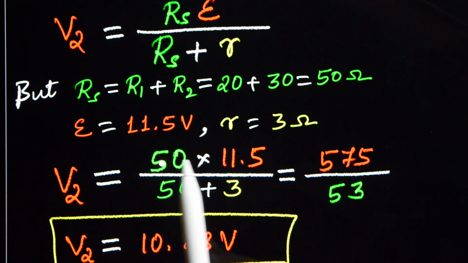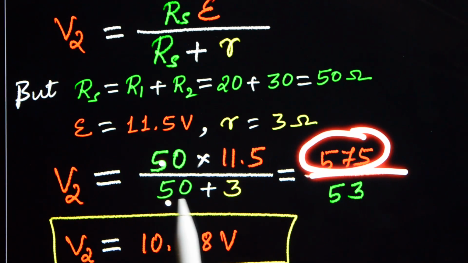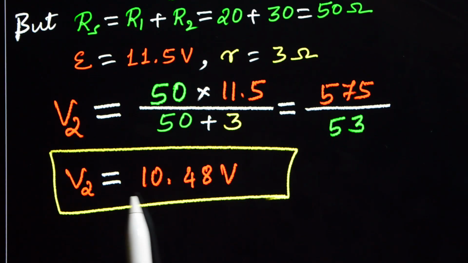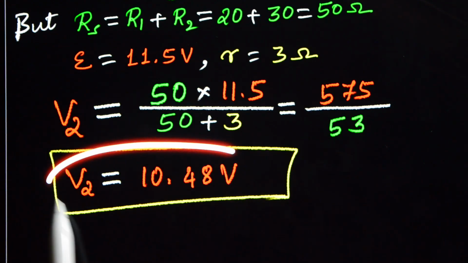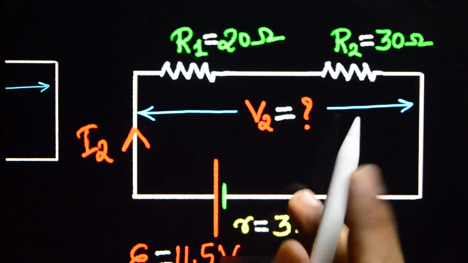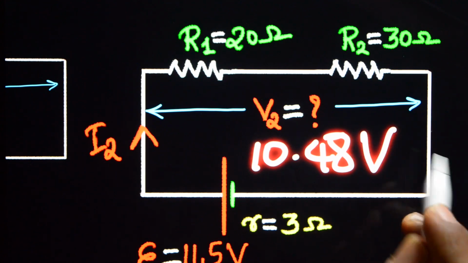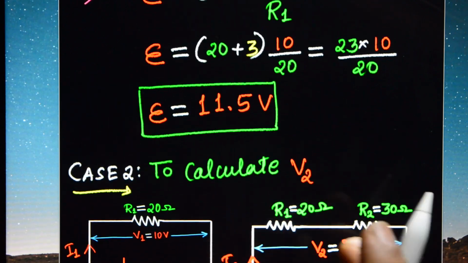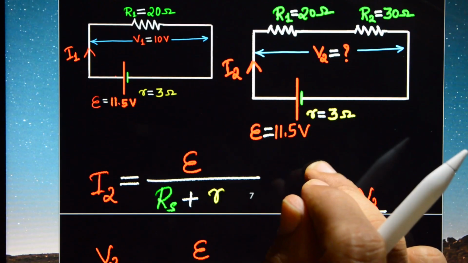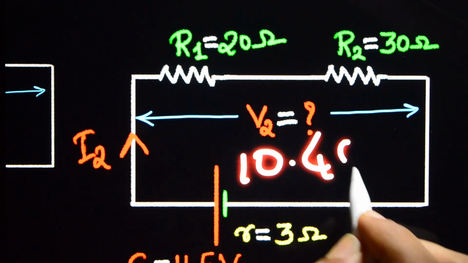Now 50 into 11.5 is 575 divided by 50 plus 3, that is 53. You will get V2 is equal to 10.48 volt. This is the potential difference across this combination, 10.48 volt, and the EMF of the cell is 11.5 volt.